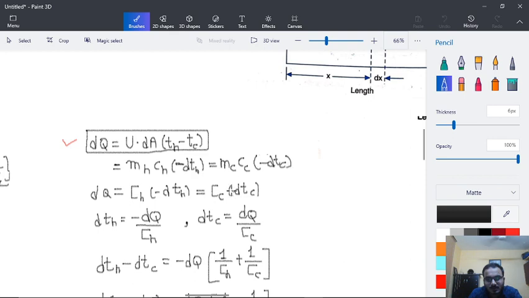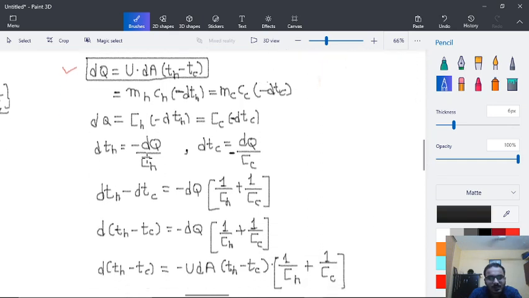Similarly, a minus sign is present here as well. Once we take this difference, there is a change: this will be plus, and here we will have Cc minus Ch.